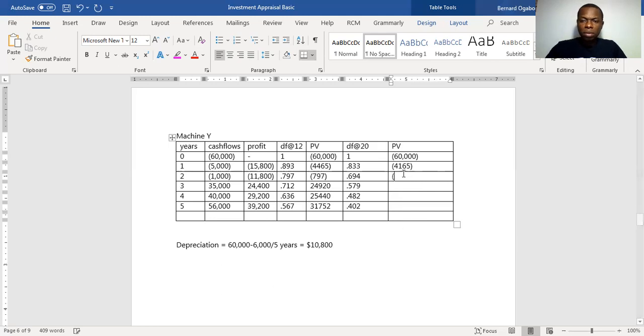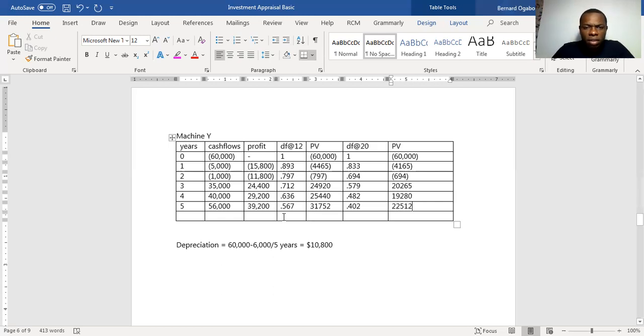We have 694 negative. 35,000 multiplied by 0.579 is 20,265. 40,000 multiplied by 0.482 is 19,280. 0.402 multiplied by 56,000 is 22,512.